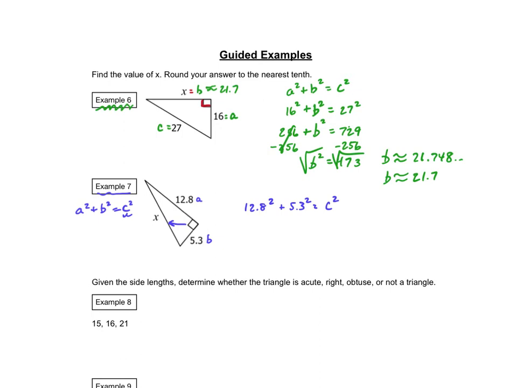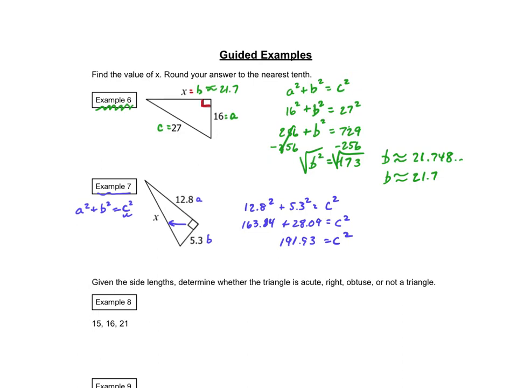And I'm going to have to put those in the calculator. So 12.8 squared is going to be 163.84 plus 5.3 squared is going to be equal to 28.09. And then when I add those two together, why waste my time doing it the old-fashioned way? I got a calculator right here. So 191.93 is going to be equal to c squared.